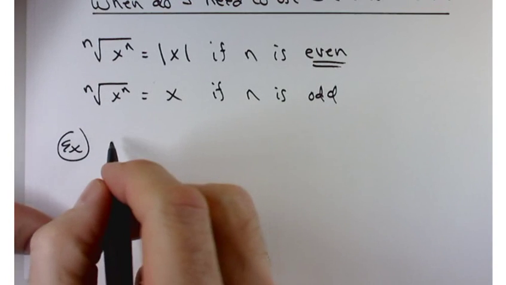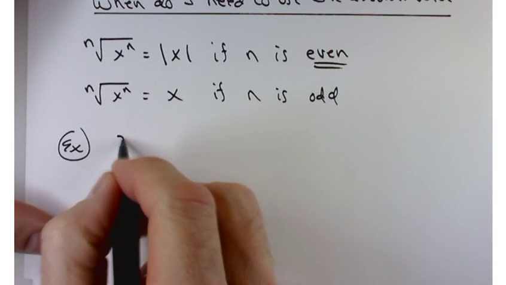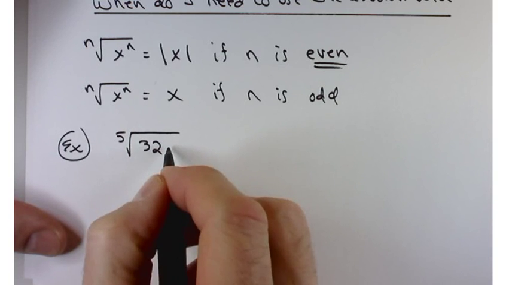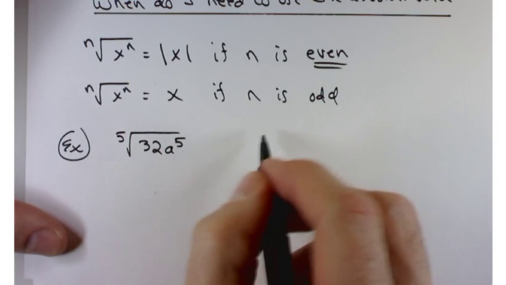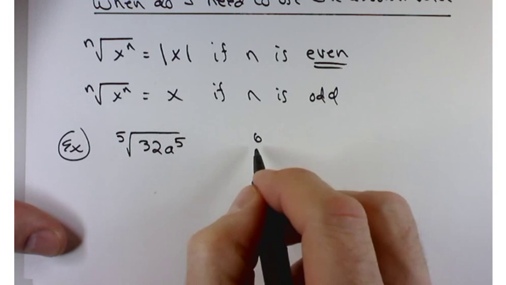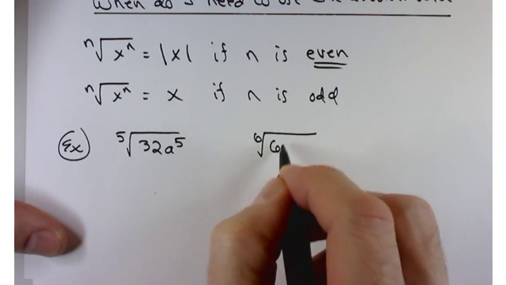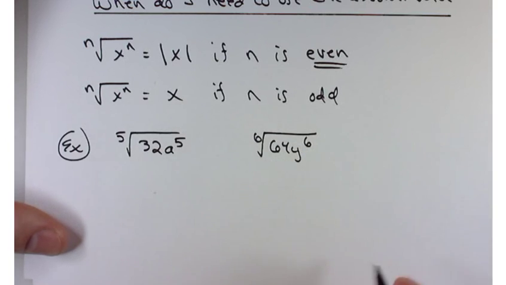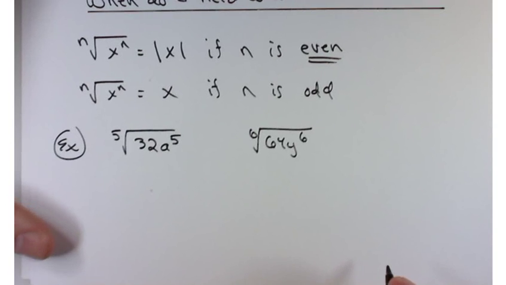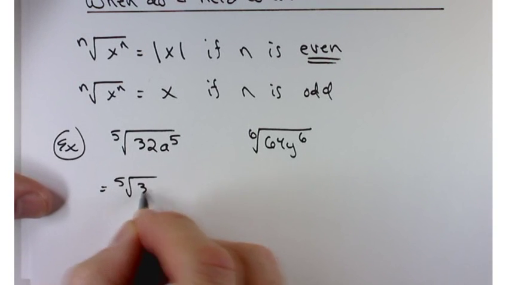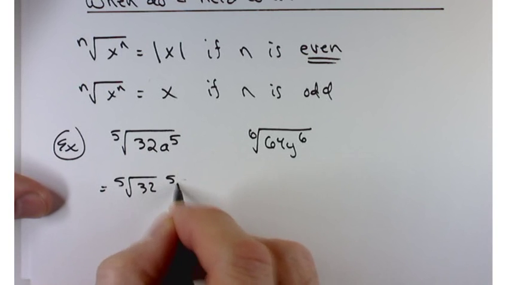Let's do the fifth root of 32a to the fifth and the sixth root of 64y to the sixth. Now in both of these, what I'm looking to see you do is simplify the radicals.